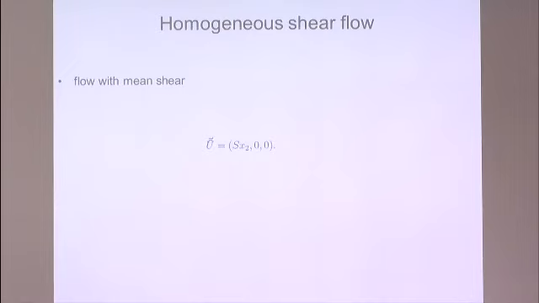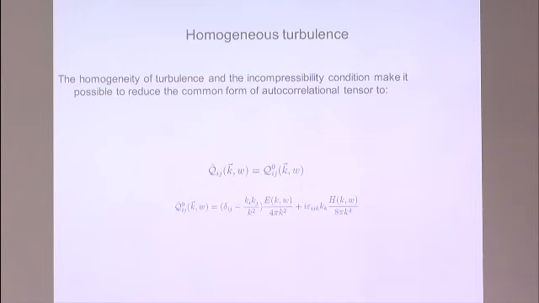This is the mean flow, turbulent Couette flow, and this is the normal, well-known homogeneous tensor for correlations for homogeneous turbulence. It contains a homogeneous part, and it contains a helical part.